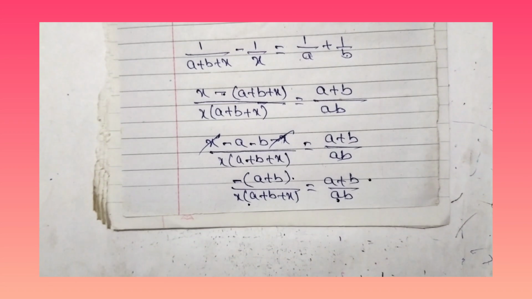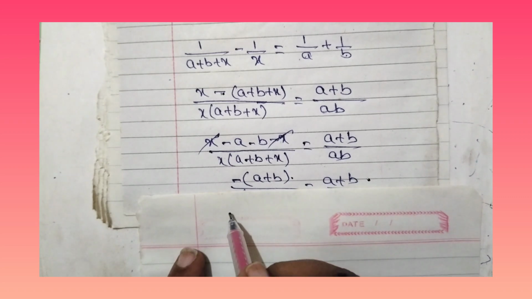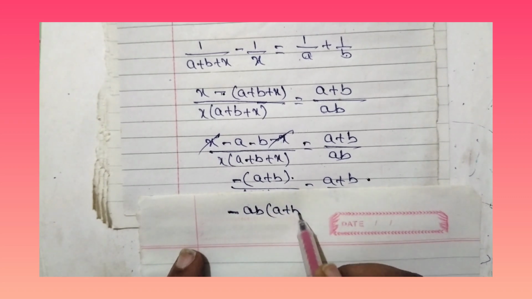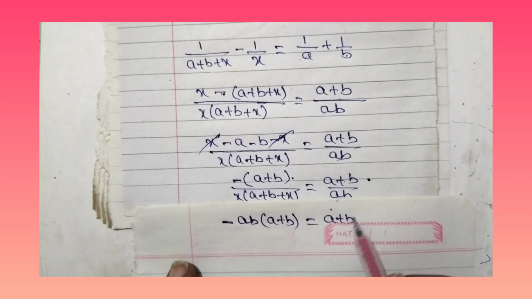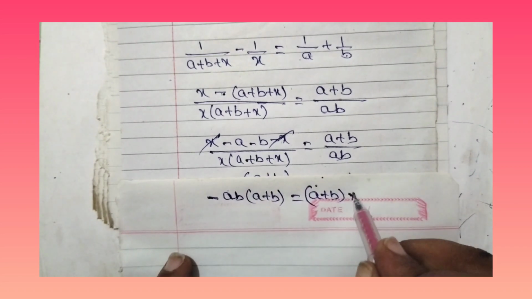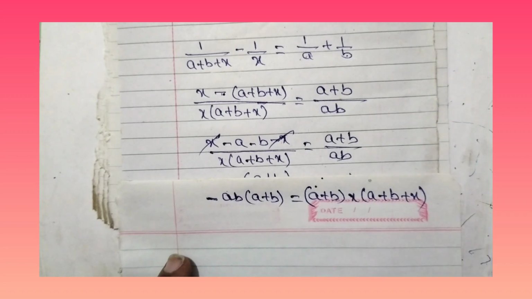If I cross multiply, multiplying ab here, we get minus ab into (a plus b), which is equal to (a plus b) into x into (a plus b plus x).